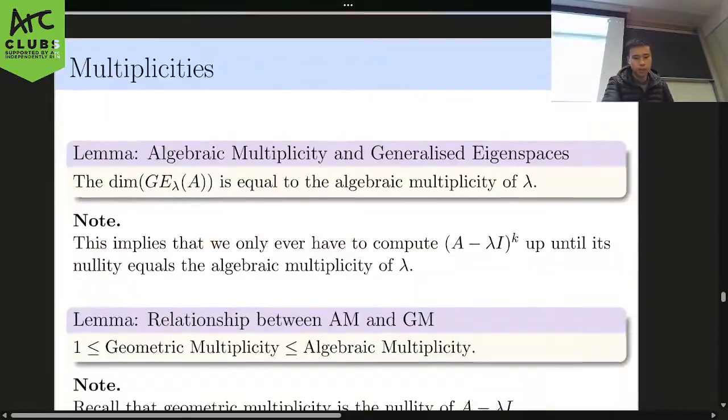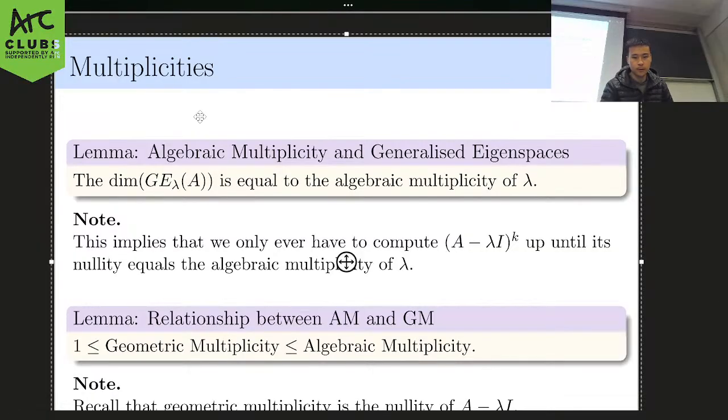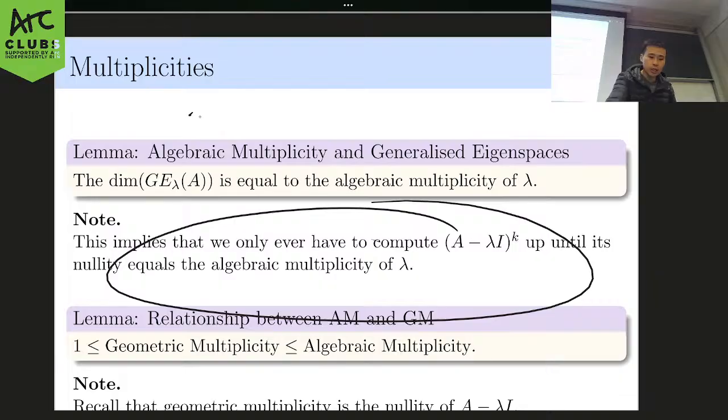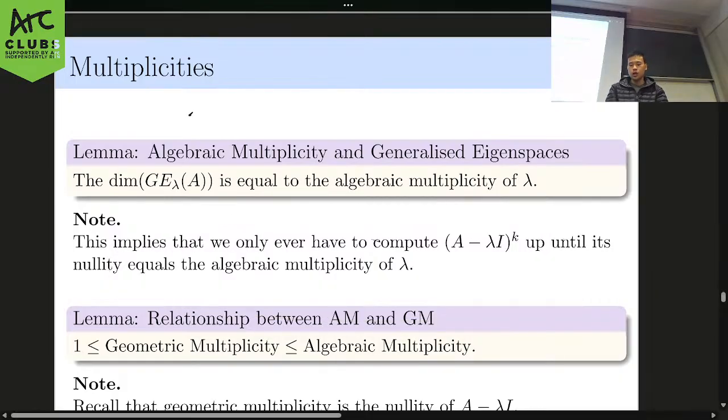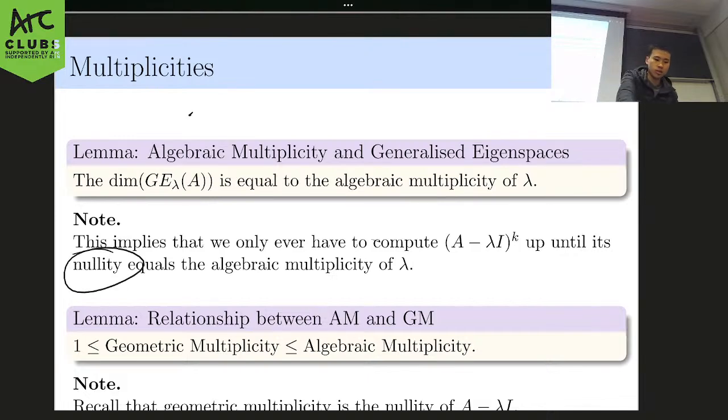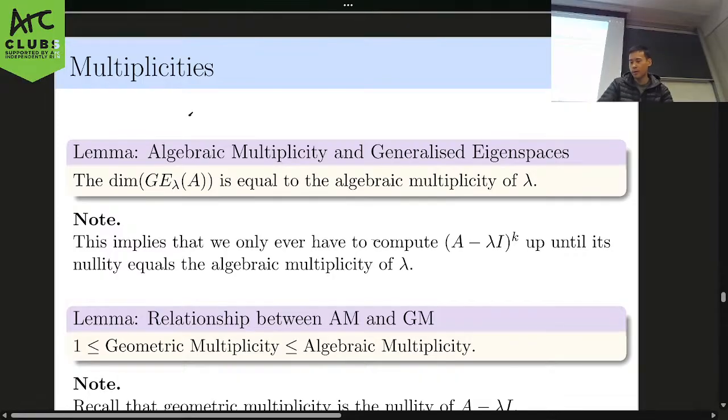So let me do this. Okay, so what this is saying here is there's no way you can power it 3 times or something. But maybe for computers, they only compute up to a specific power, to the point where the nullity is equal to the AM. Because as you saw in my session for Maple, MATLAB, I don't need to power so many times.